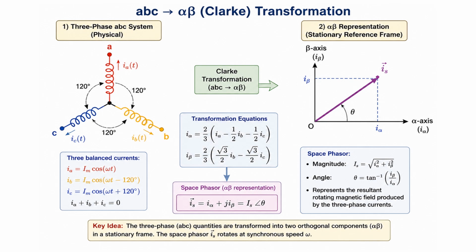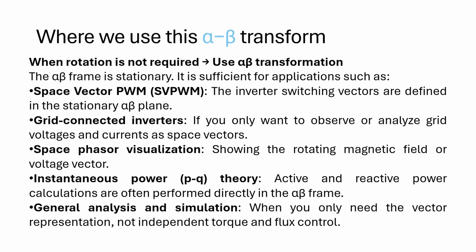This is the alpha beta frame. This is not rotating, so we call it a stationary frame of reference. When rotation is not required, we use the alpha beta transformation. The alpha beta frame is stationary.